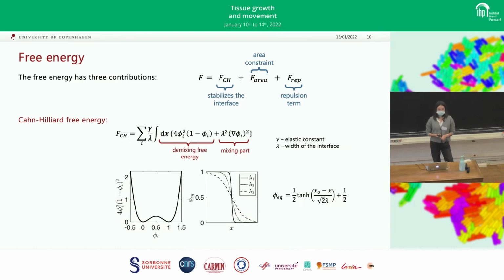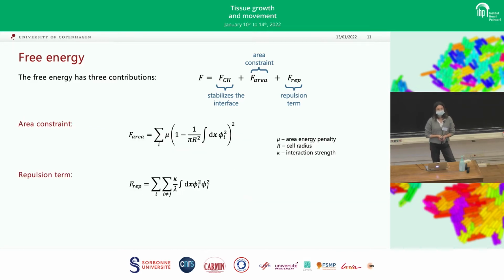And if we assume a steady-state problem, we can obtain a solution for the interface, and on the second plot, we just plot the interface for different values of lambda, which is the interface width. So we can vary the parameter and have this.